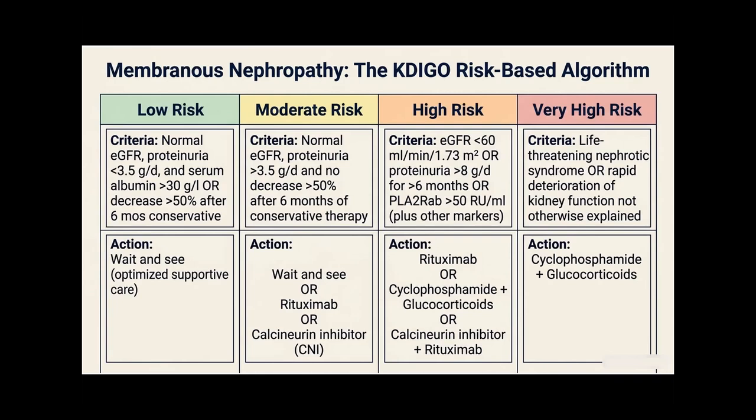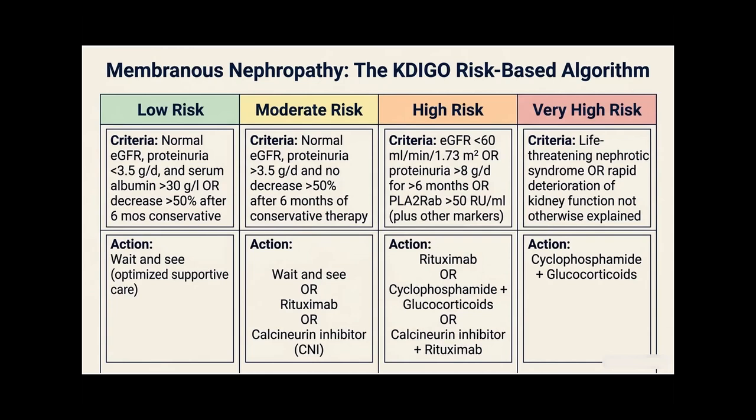You give rituximab, cyclophosphamide, glucocorticoids, calcineurin inhibitors. In the very high-risk patient, with life-threatening nephrotic syndrome, or rapid deterioration of kidney function not otherwise explained, cyclophosphamide and glucocorticoid.